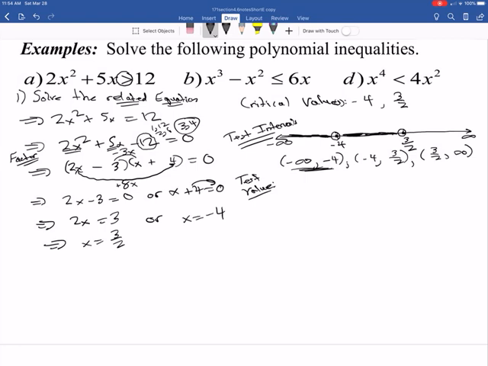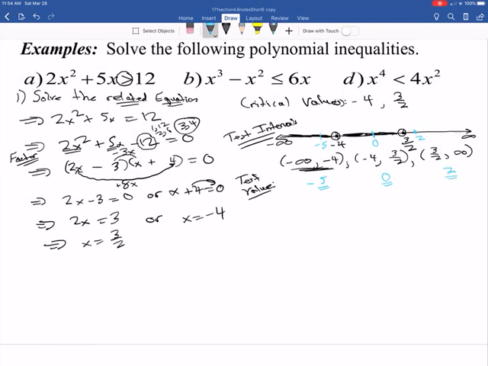So let's pick an easy integer like -5, a number less than -4. So I'm going to test -5. And anytime I can use 0, I'm going to. What's a number between -4 and 3/2? Easy number, we can plug 0 in. And for the last interval, we'll use the smallest whole number possible, 2, which is greater than 3/2. So I'm going to test with 2 on that one.